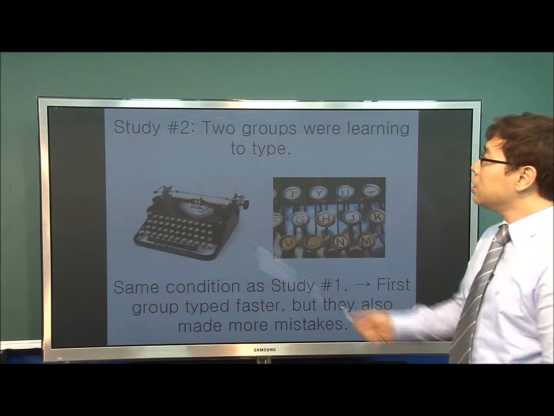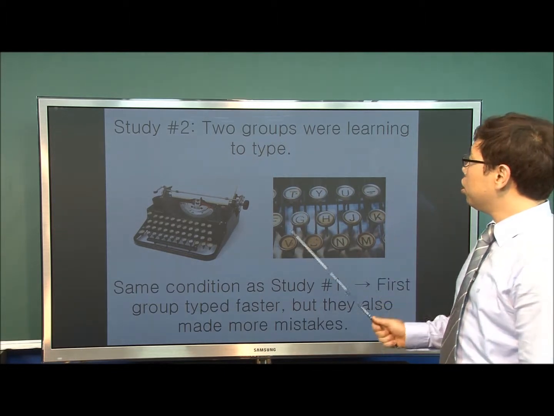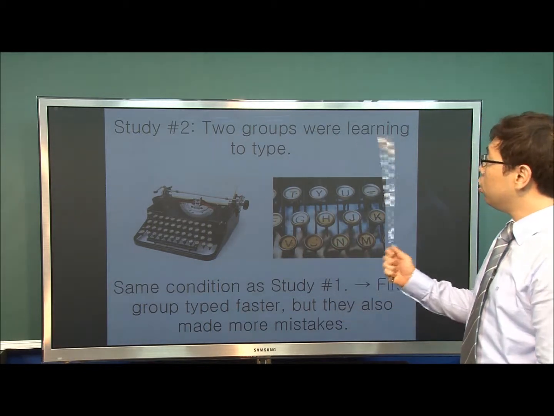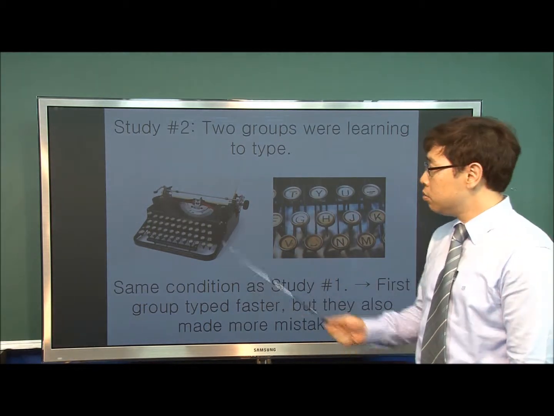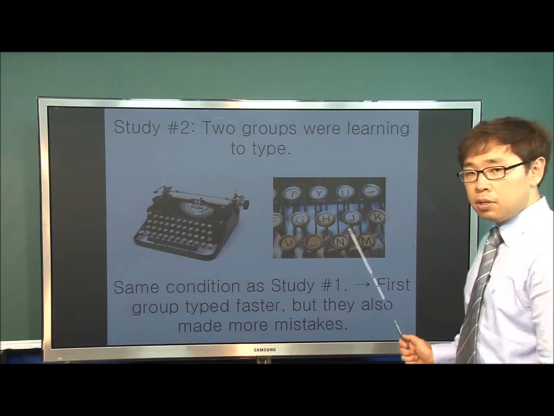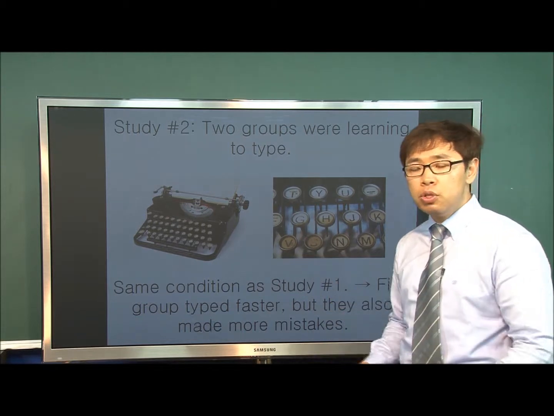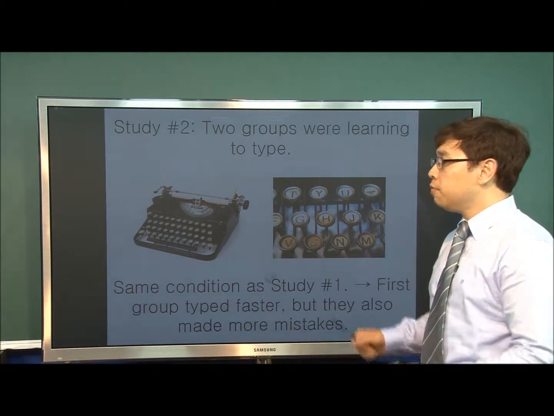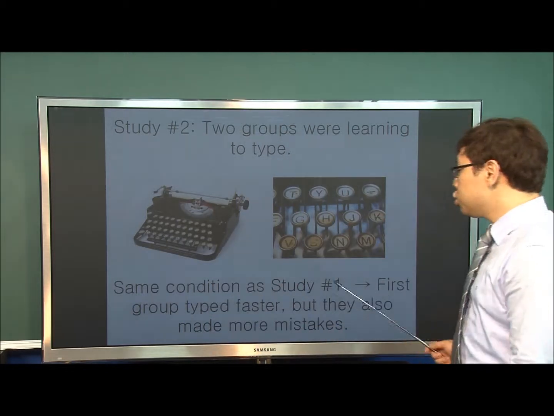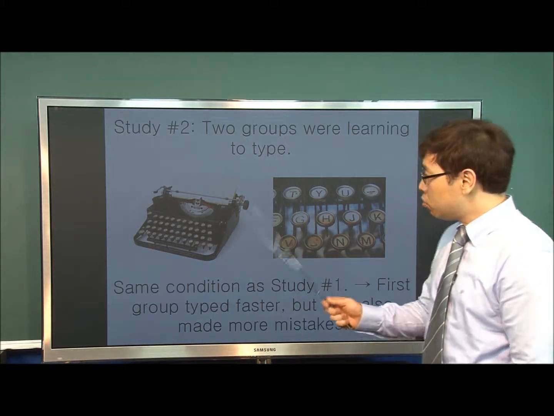Second example. He was talking about the condition where two groups were learning to type. Here you see the typewriter and the buttons. These are some kids, or maybe students, or even adults, learning for the first time how to type. The same condition was given as in study number 1. What was the condition again? Let's go back.